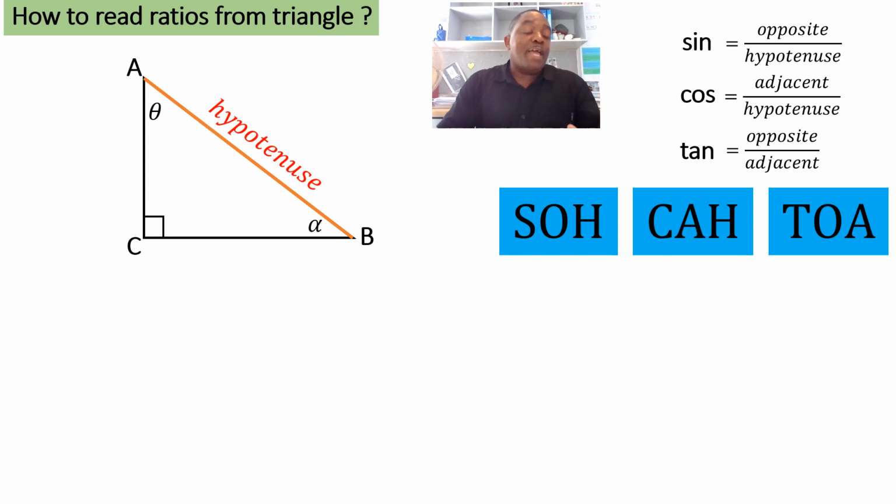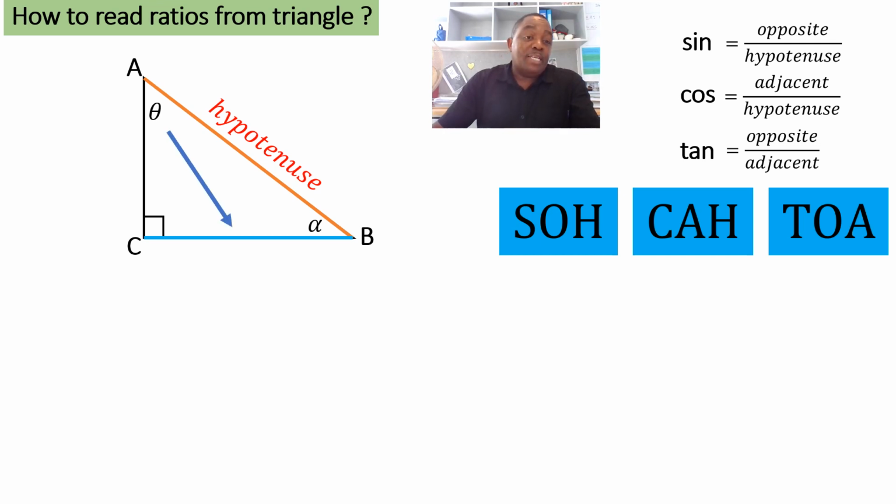So it will depend on the angle you are using as reference. Are they opposite the angle or are they adjacent to the angle? For instance, if we look at alpha, the side BC is adjacent to that, next to that angle. So that will be the adjacent side to angle alpha.